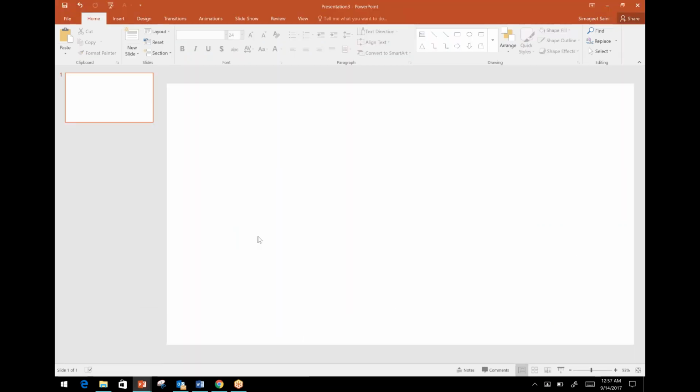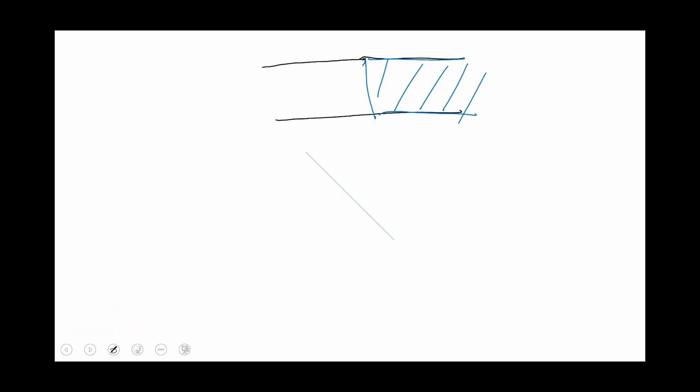So in this case, again, what it's saying is you have a waveguide here, and part of that waveguide is filled with epsilon r material of 2.25, and this part is epsilon naught.